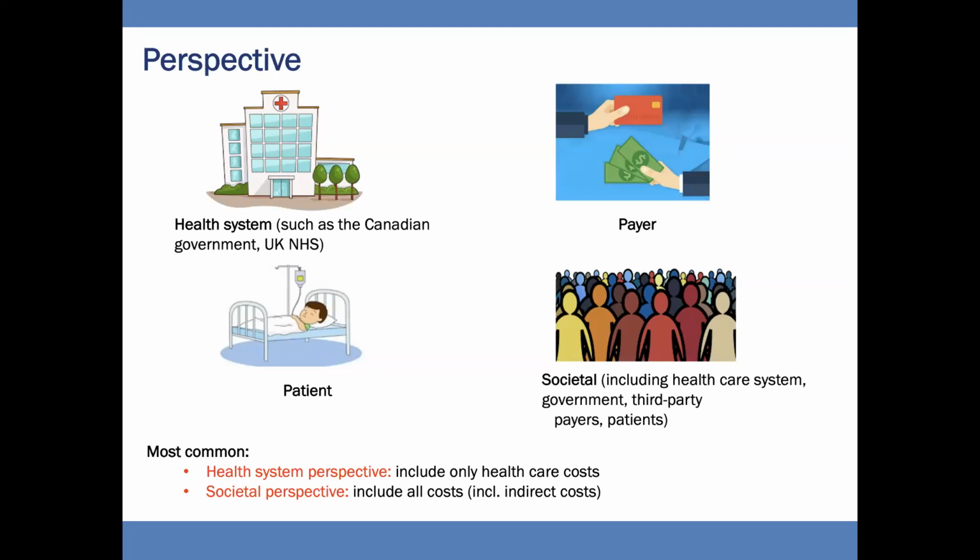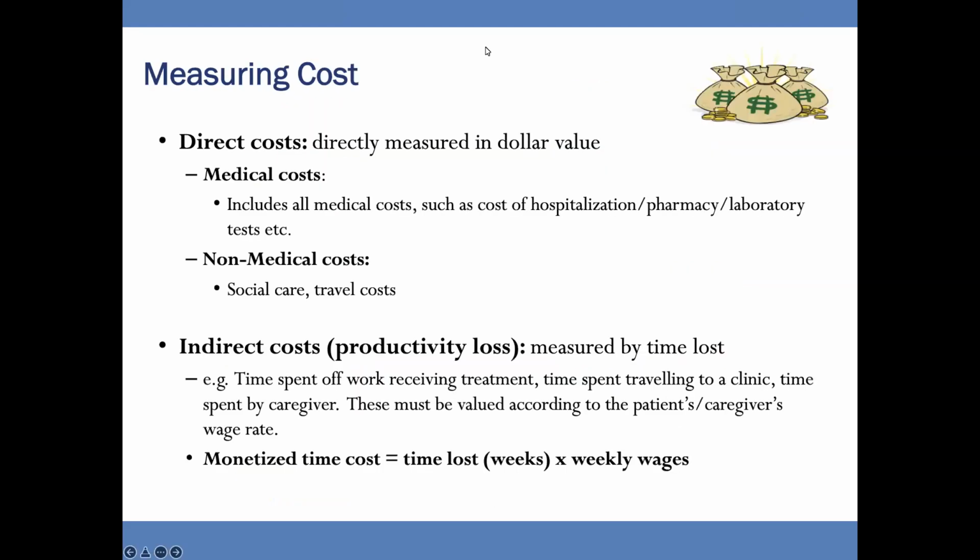The two main perspectives that we often use are the health system and societal. The difference is that for the health system perspective, you only include the healthcare cost. You just focus on the medical cost most of the time.